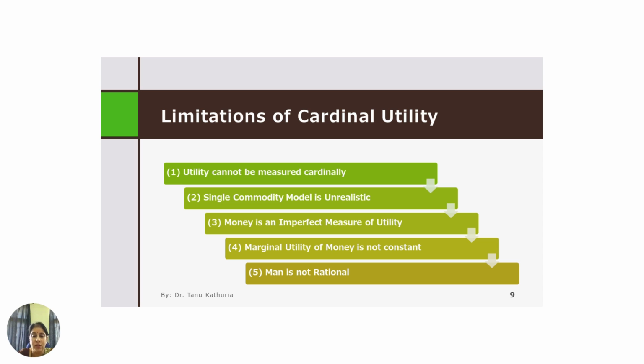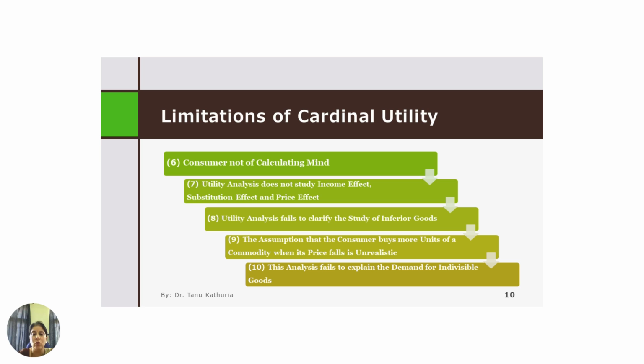Man is not rational means I cannot always consume more and more, or I cannot say no to money, I cannot say no to diamonds. So this is like irrationality. Of course, I can say no to medicines, I can say no to food when my hunger is over, I can say no to water when I'm not thirsty, but for certain commodities I can never say no. That's why we say that man is not always rational.